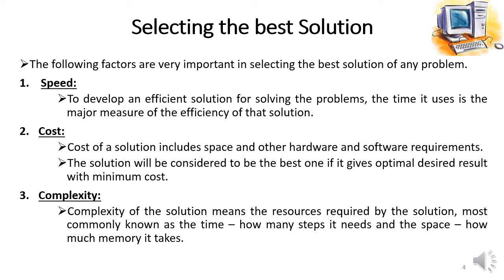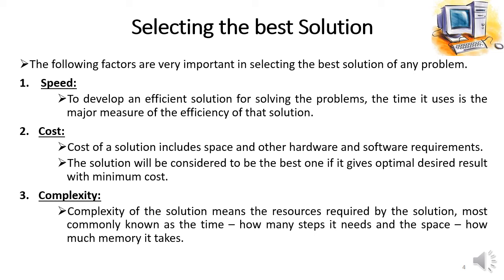These are the three factors which must be taken into account while selecting the best solution for any problem. We have to see the speed of the solution, that how quickly it performs the function and solves the problem. Second, the cost, whether it is affordable or not.